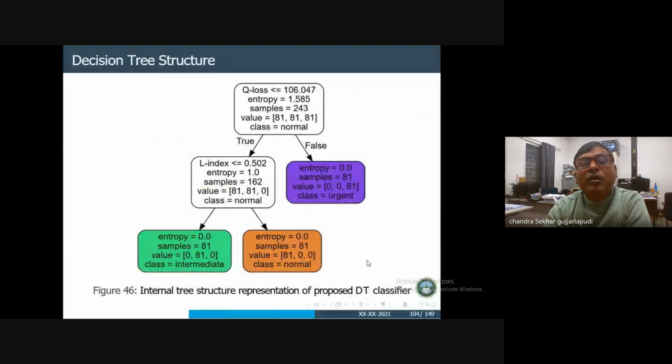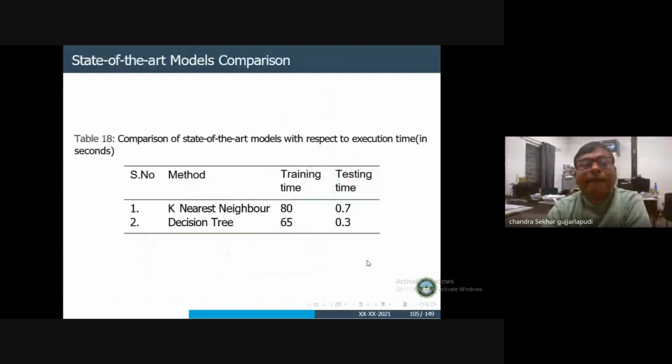This is about the internal tree structure for a decision tree classifier, where entropy value and information gain have been calculated. From that we have determined the internal tree structure.